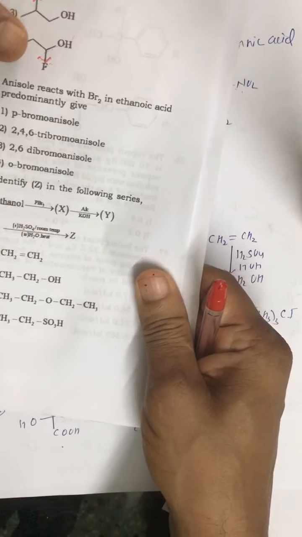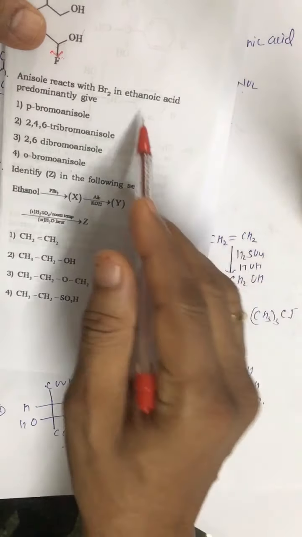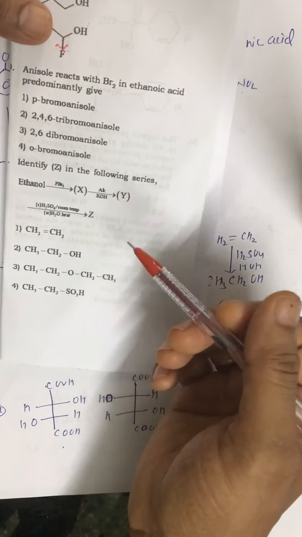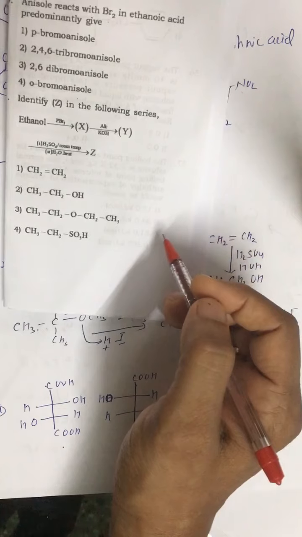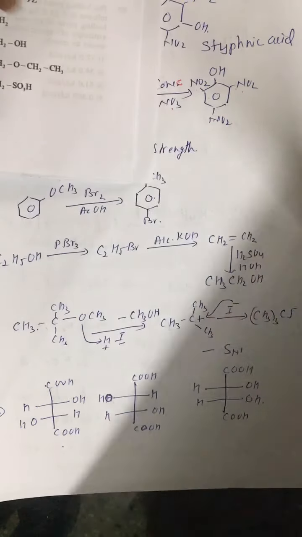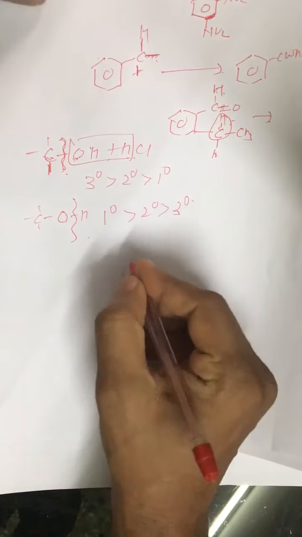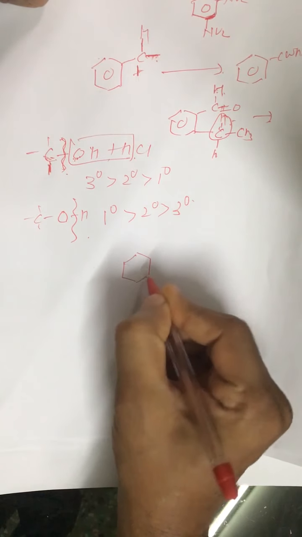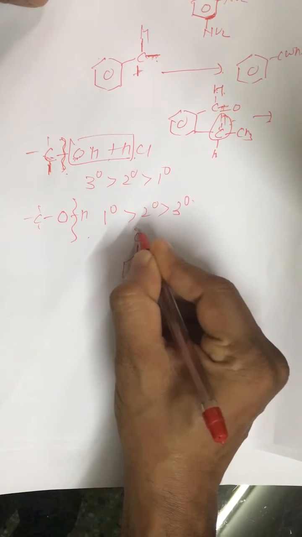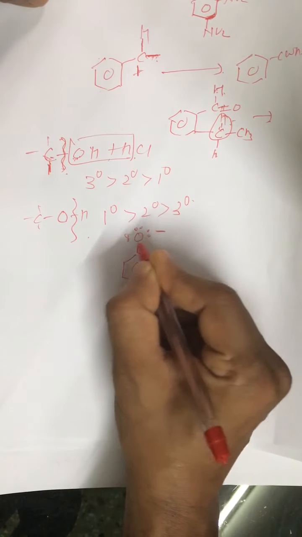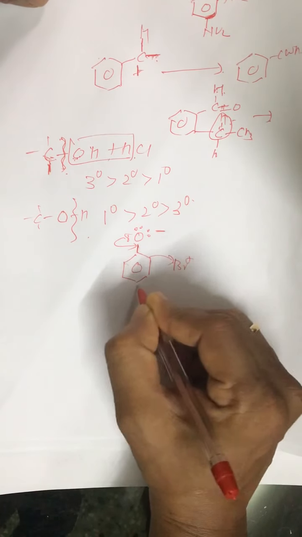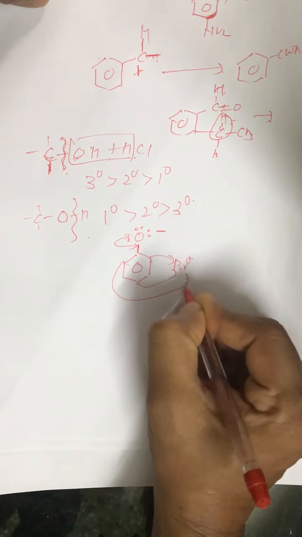Question number 70. Anisole treated with bromine. Anisole is OCH3, and with bromine it is an ortho-para director. Like phenol, there is a condition that if phenol is treated with bromine water, then we get 2,4,6-tribromophenol. The reason is phenol gets ionized in water, so we get the phenate ion, and Br positive goes to this position and this position.